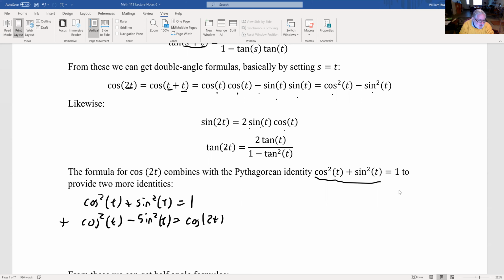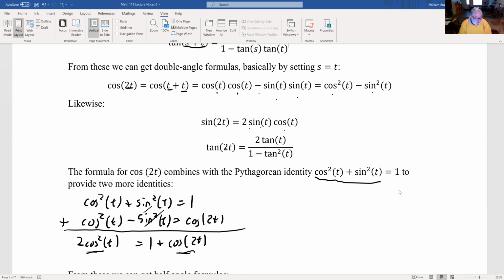And so if we add these together, what happens? We get 2 cosine squared t. These cancel out, equals 1 plus cosine 2t. And this relates cosine squared to cosine 2t.